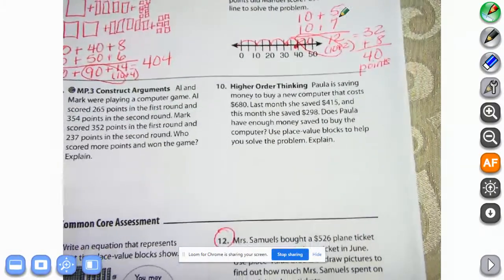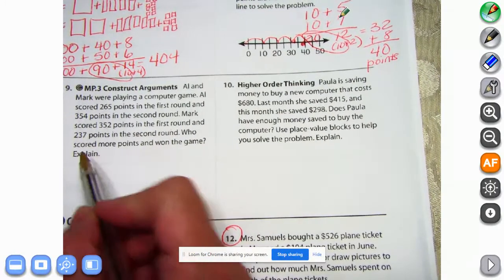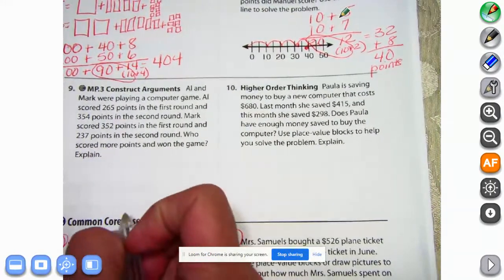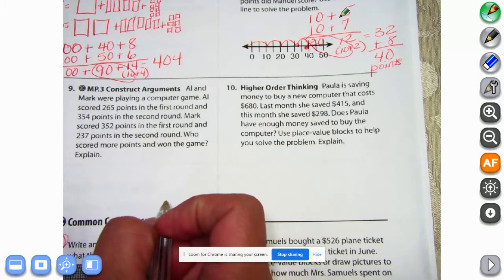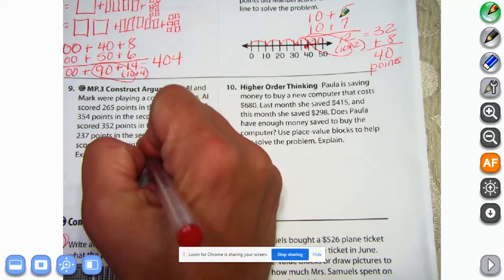Explain. So this helps me remember in our vocabulary words how we have the word defend, and we have to prove with evidence. We're going to defend our answer. We're going to give an answer whether it's Mark or Al that won the game and who had more points, and we're going to prove that that's the right answer. So I'm going to split this in half.